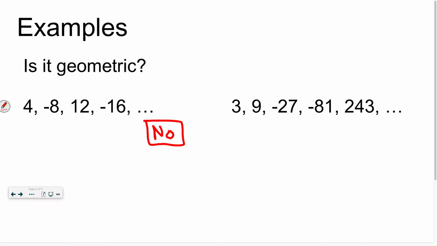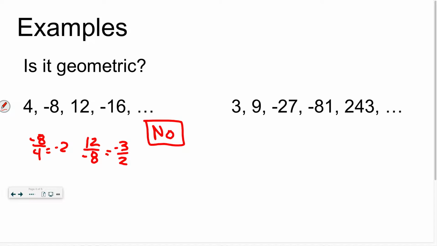Okay. Some people I heard talking about calculating the ratios, so they did -8 divided by 4, that's -2. 12 divided by -8 is not -2. If I reduce that, it's -3/2. But the minute you see it's not -2, you can say no, right?